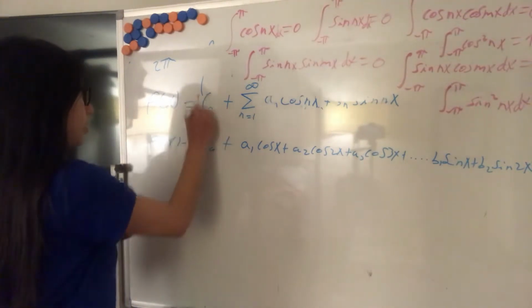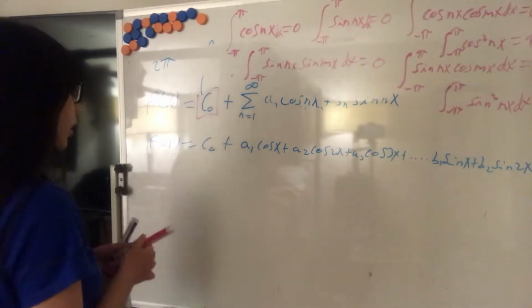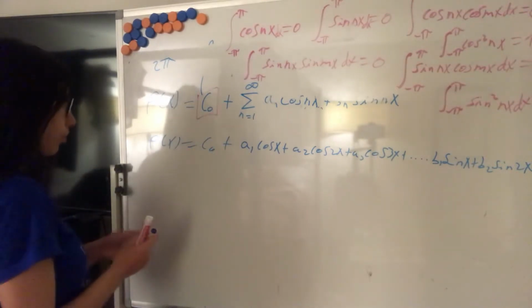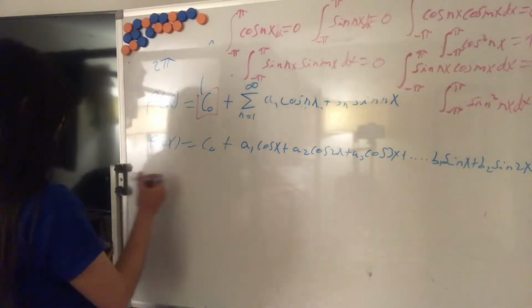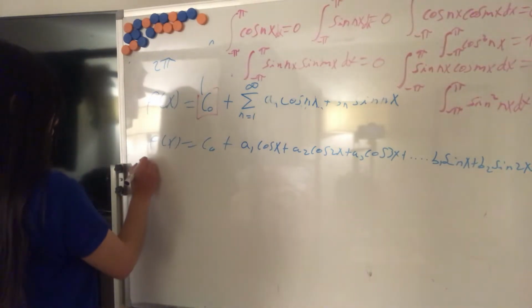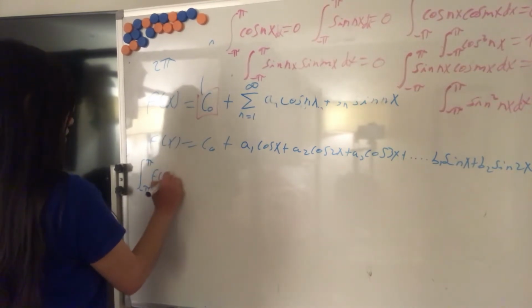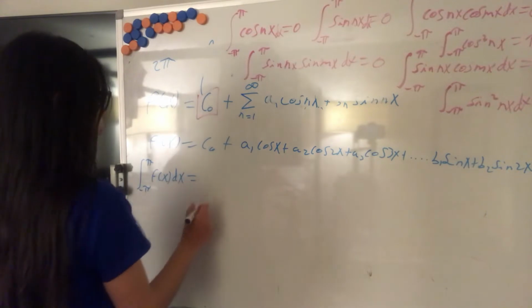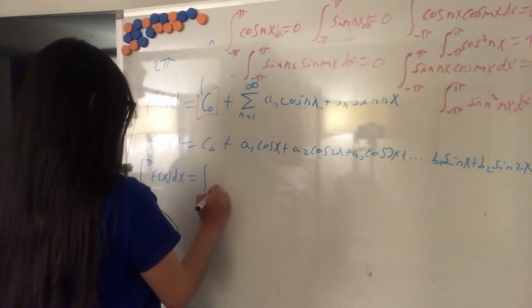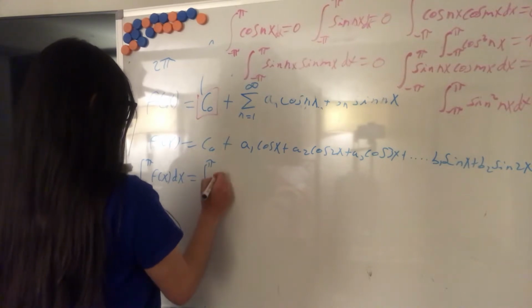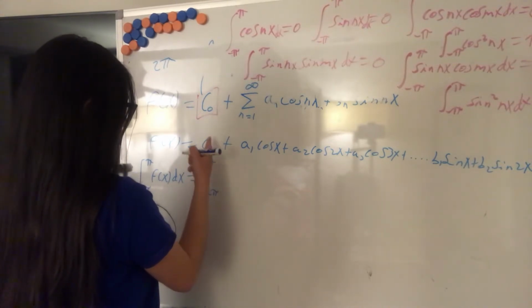So let's integrate the function. We have the defined integral from minus pi to pi of f of x dx equal to the integral from minus pi to pi of this.